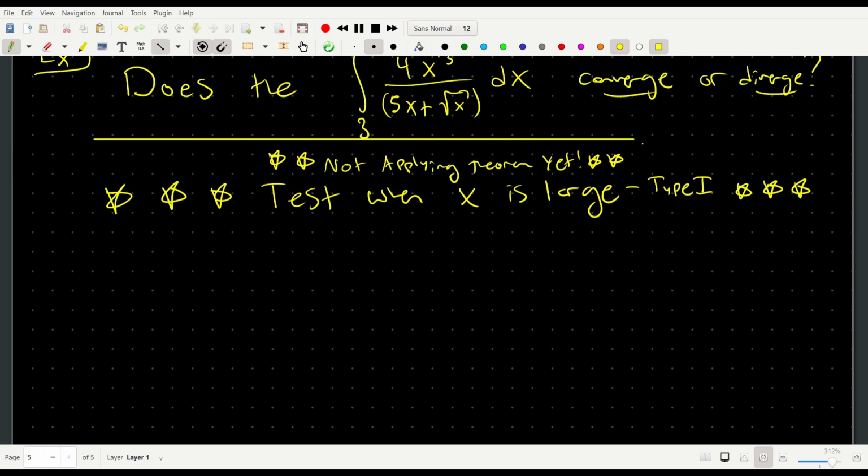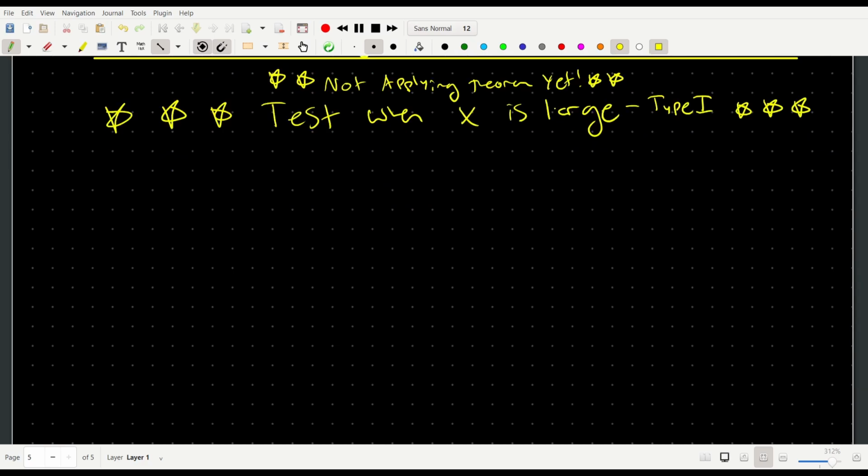Alright, this is just to kind of see and get a feel for whether or not this is going to converge or diverge before we apply the test. And I want to note that when x is large, we're going to have that x is much larger than x to the 1/3.